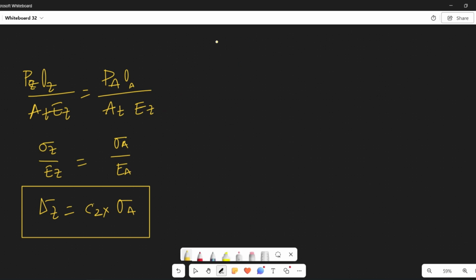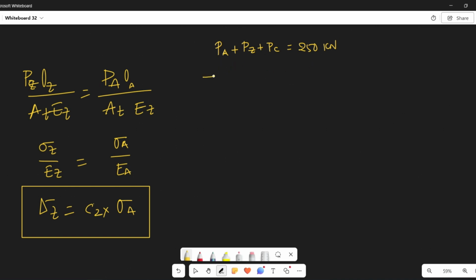As force resisted by the copper should be equal to, right?